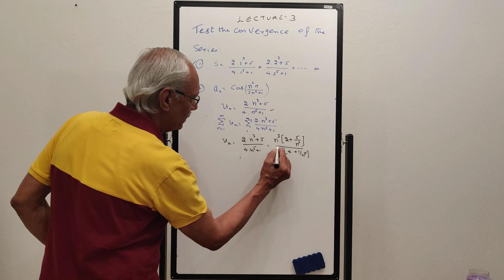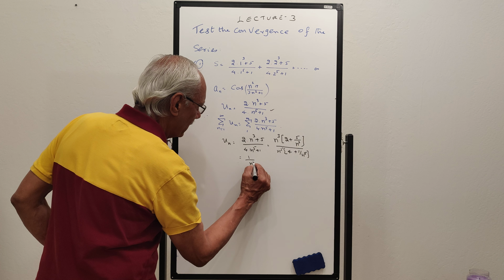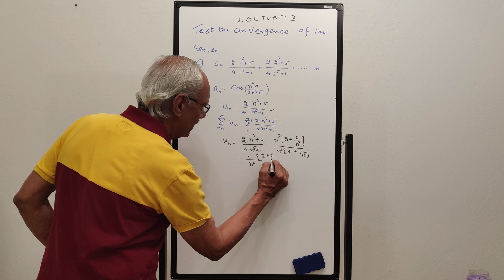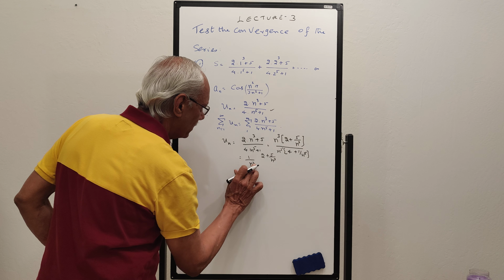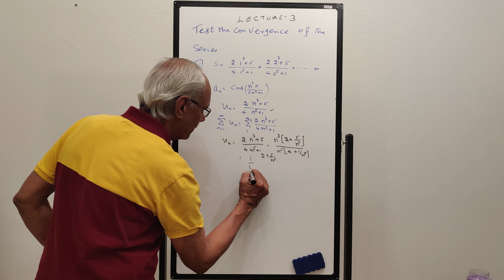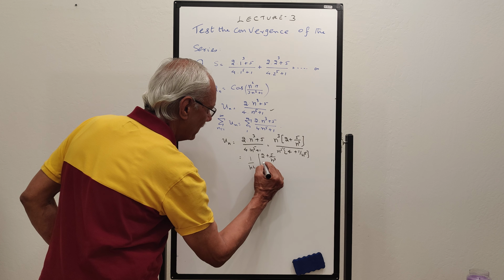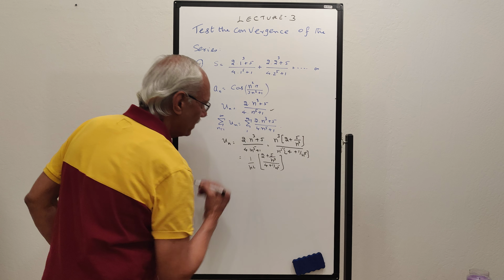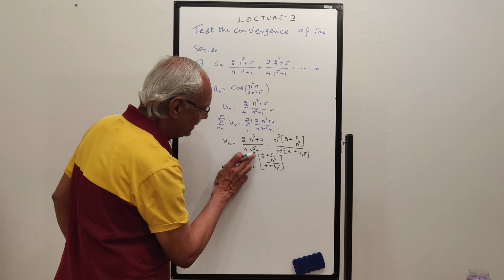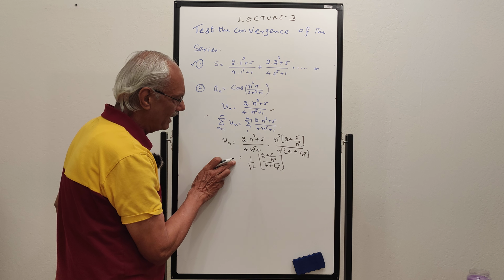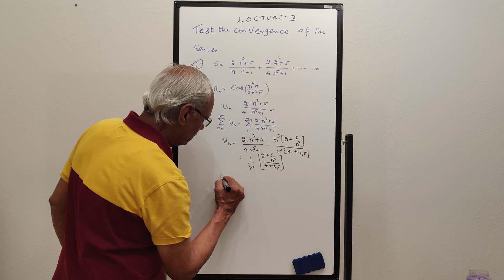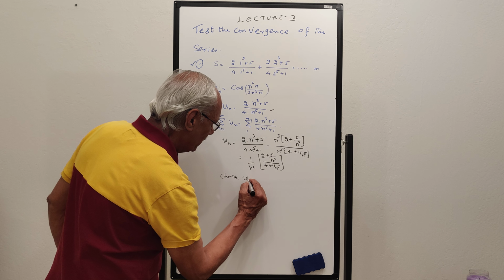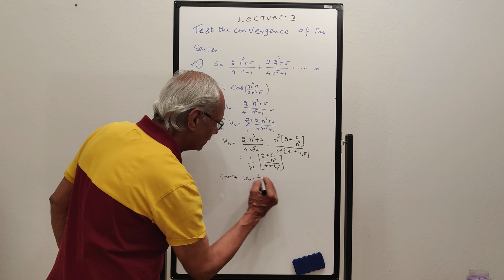This is nothing but 1 by n square into 2 plus 5 by n cube divided by 4 plus 1 by n to the power of 5. So we can conveniently choose Vn equal to 1 by n square.